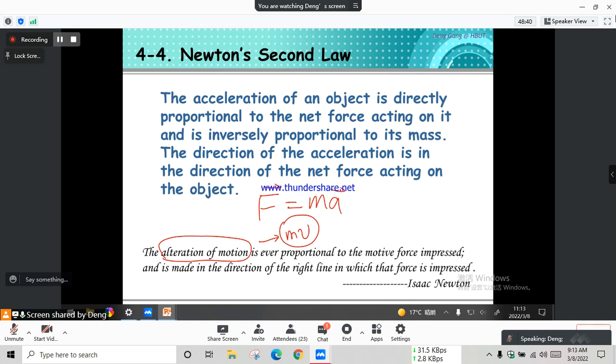If we use the language of calculus, this force should be equal to d(mv)/dt. It's different from this one, which is equal to m dv/dt. So this one is equal to this one only when the mass does not change with time. So this one is more general, while this one is practical in our daily life.